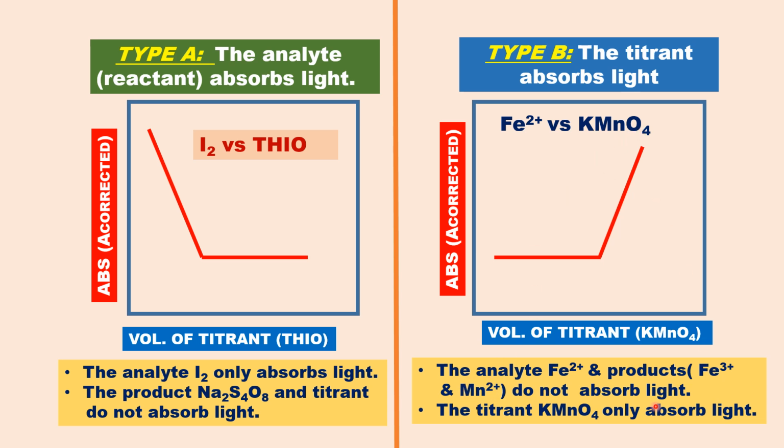They do not absorb light. The products and analyte do not absorb light. After the end point, any excess of KMnO4 produces color, so the absorbance increases with the titrant added after the end point.